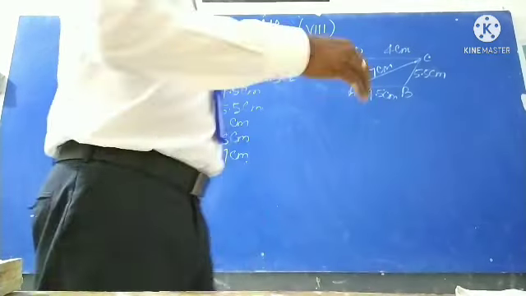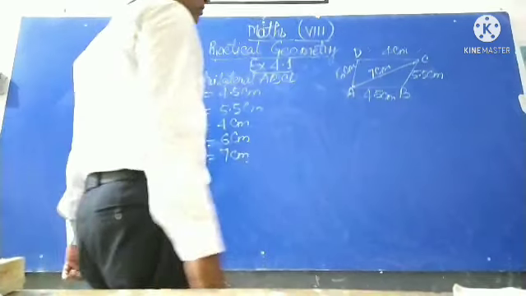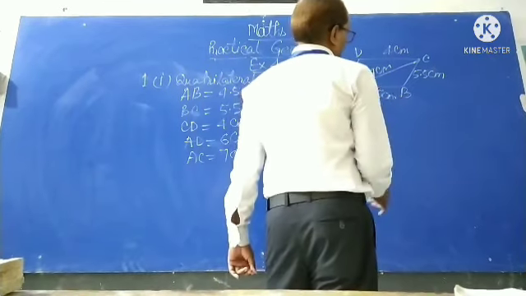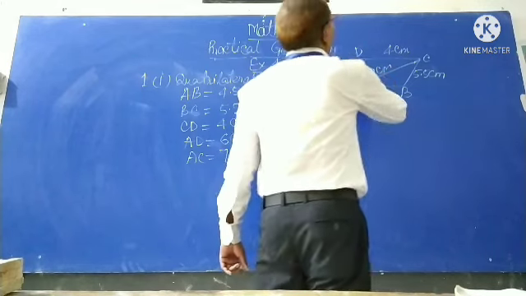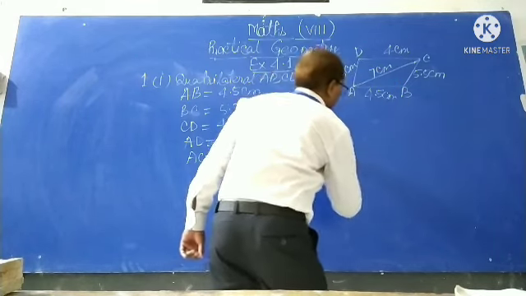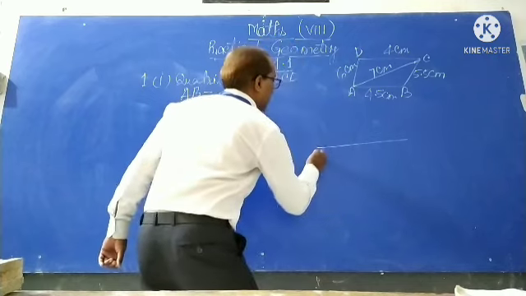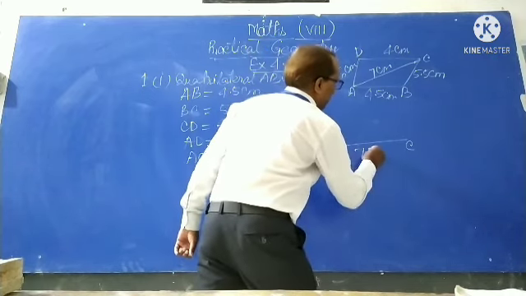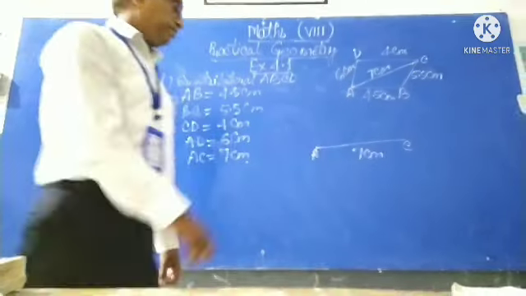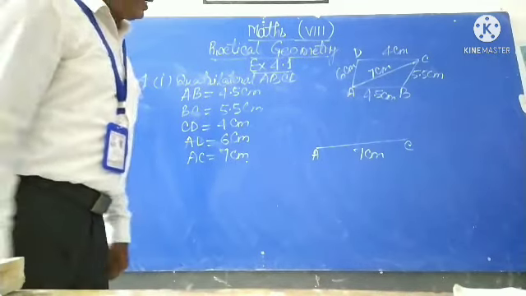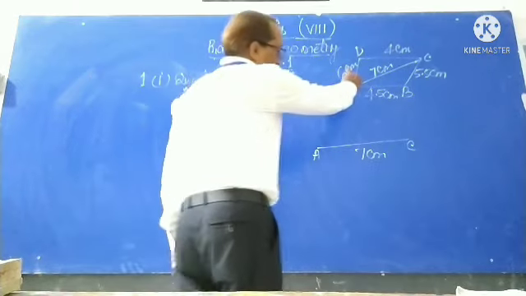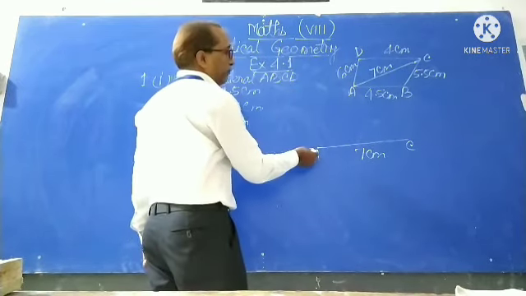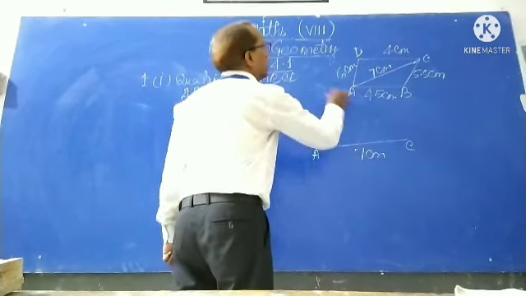For the construction of this question, it is easy to construct. First, you draw AC, a line segment whose measurement is 7 centimeter. Then you take 6 centimeter distance in your compass and draw an arc with center A like this.